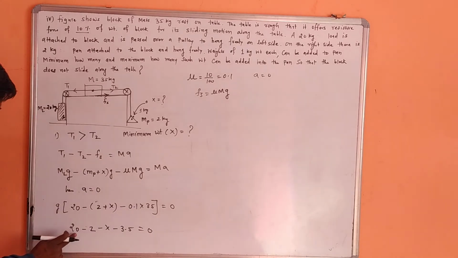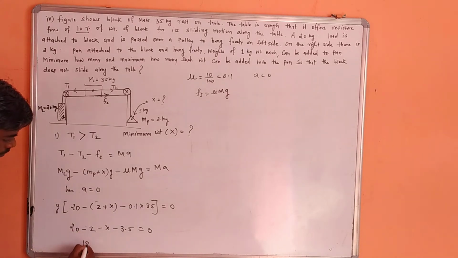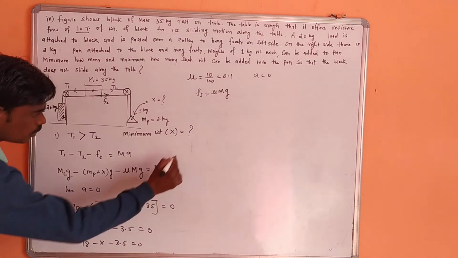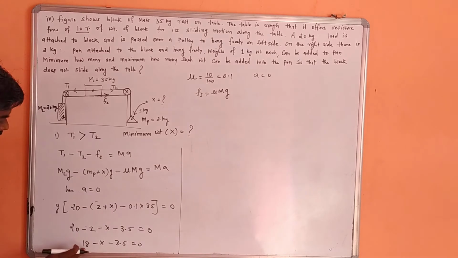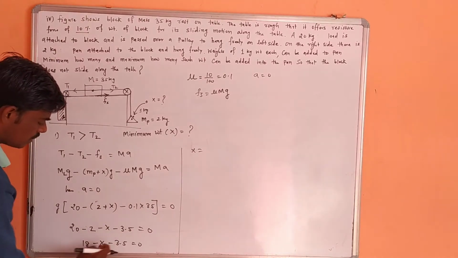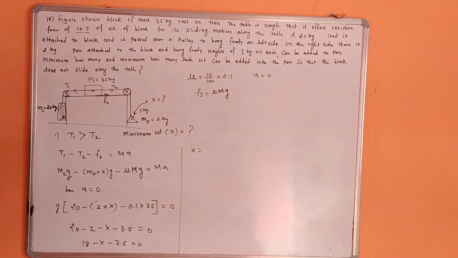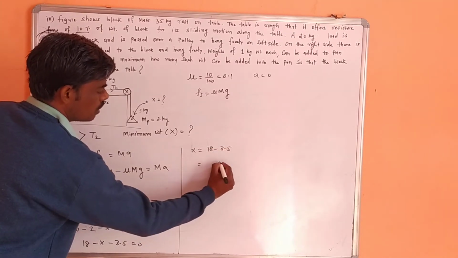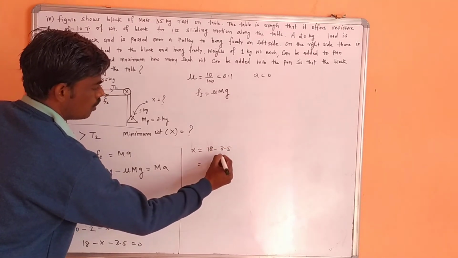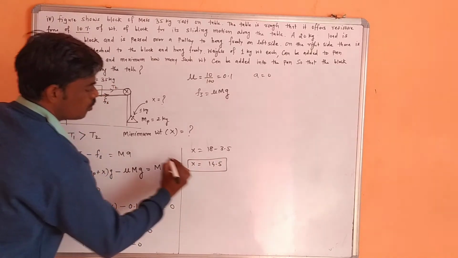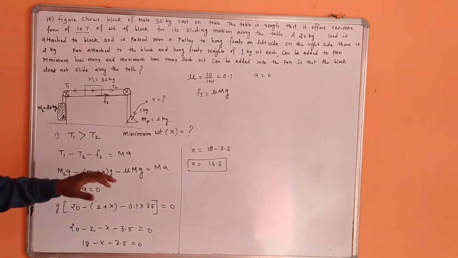So 20 minus 2 is 18, minus x minus 3.5 is equal to 0. 18 minus 3.5, x on this side becomes plus x, and we get 14.5.